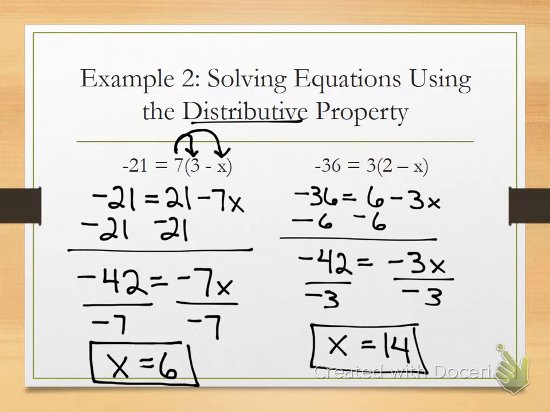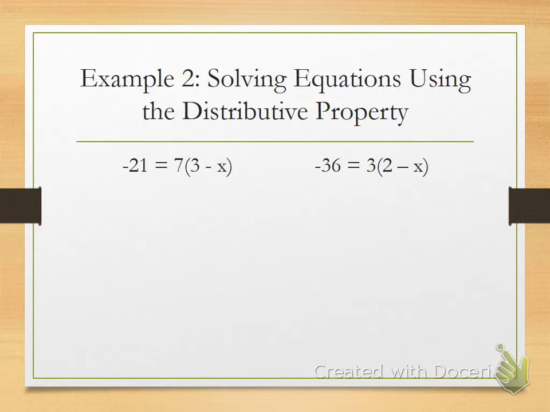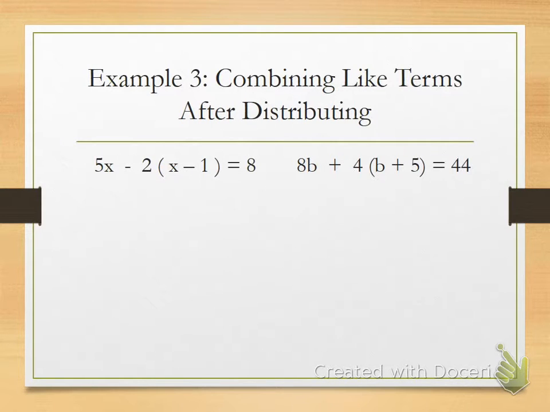All right, one more example. In example 3, now I'm combining like terms after distributing, so it's kind of like one more step. So I've got 5x minus 2 times x minus 1 equals 8. So the very first thing I do is I have to distribute. Now let me ask you this.